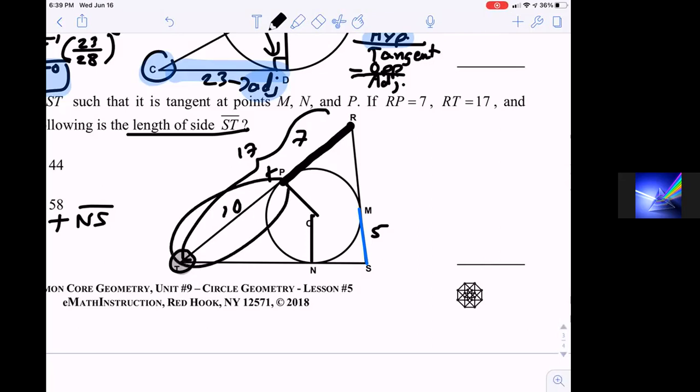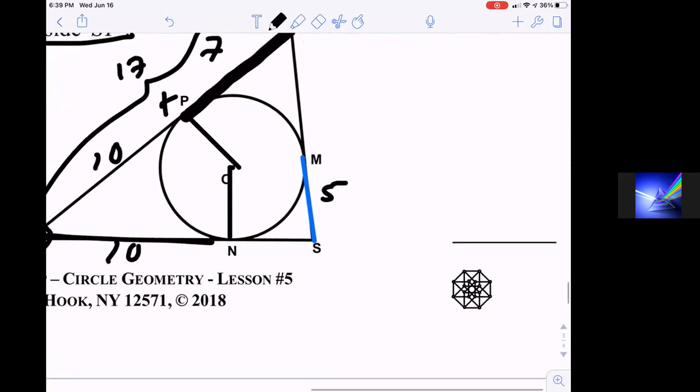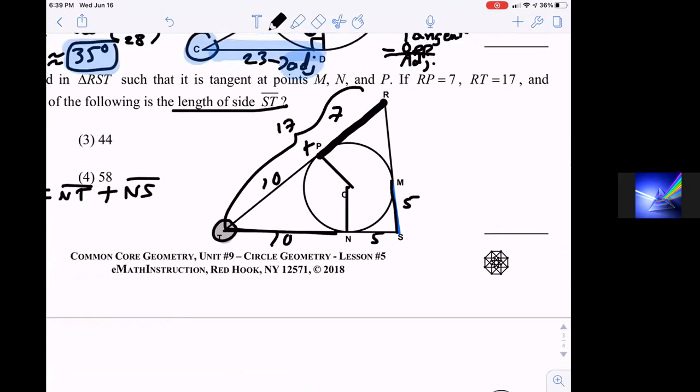But if this is 10, that means this is 10 also, because those two tangent segments are equal since they intersect at the same point. Using that same logic, this tangent segment here is equal to this one here because they both intersect at point S. And if this is 5, this is going to be 5 too.